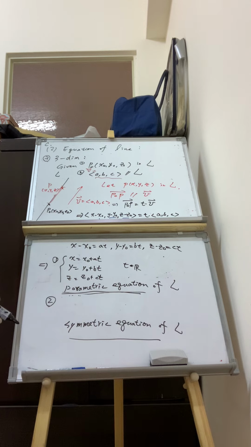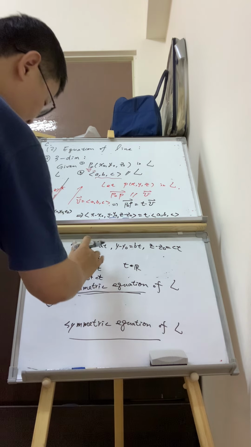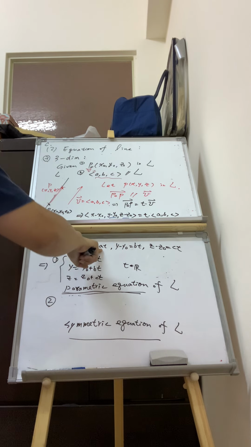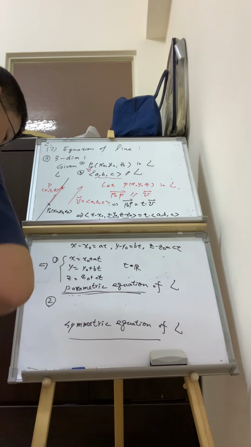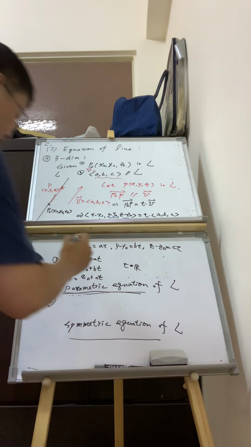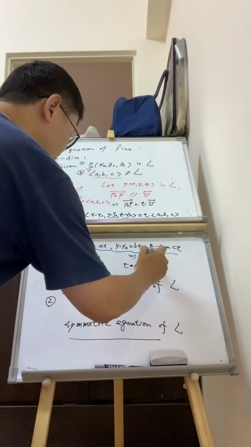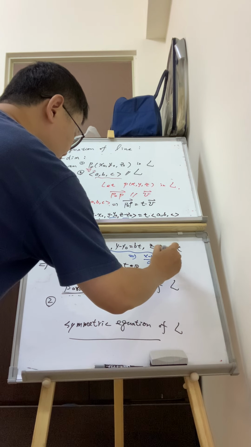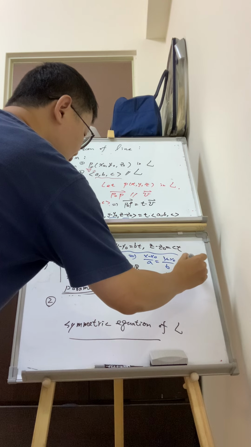And the symmetric equation. For this result we move the number a to the left-hand side, so from these three equations you will get (x subtract x0) over a, all of them equal to t, right?